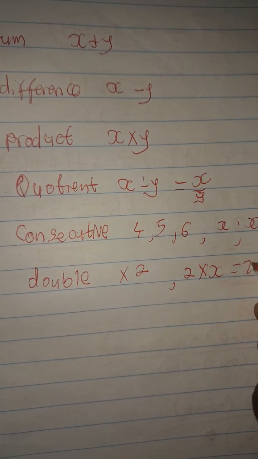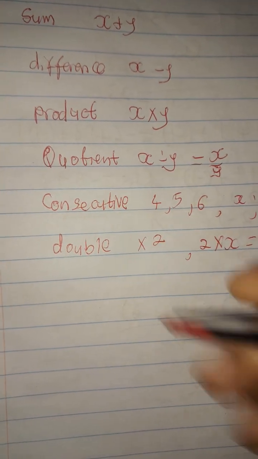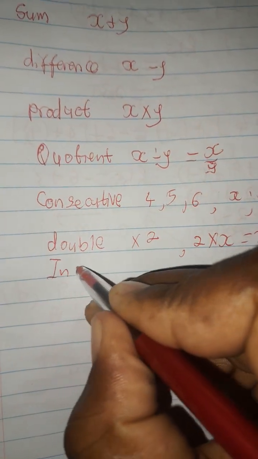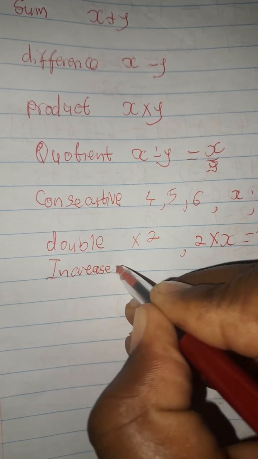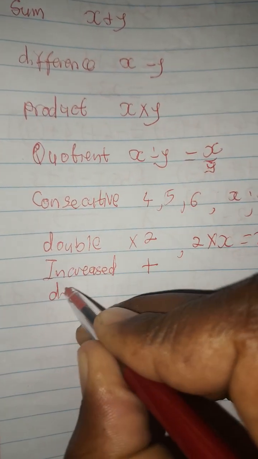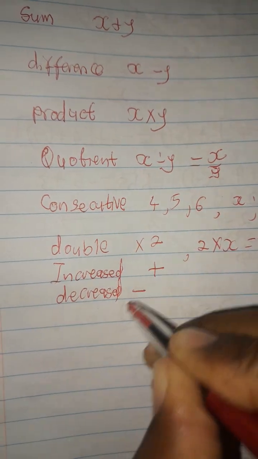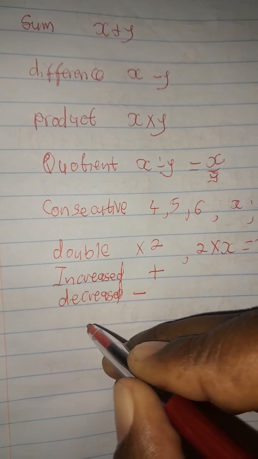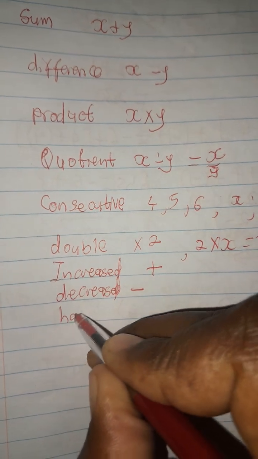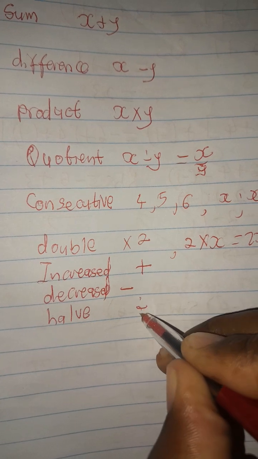That will be 2x. Then there are words such as increased, meaning you add, and decrease, meaning you subtract. Then there's the word half. When something is halved, that thing is divided by 2.